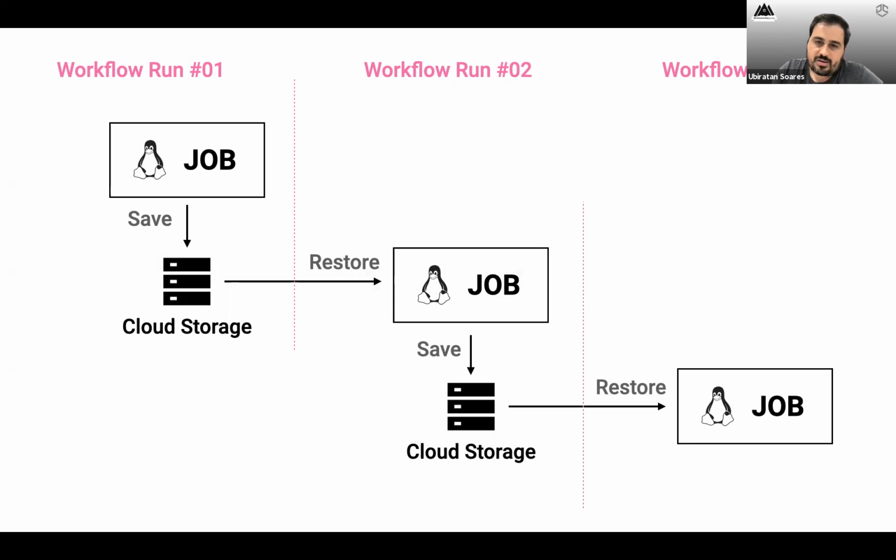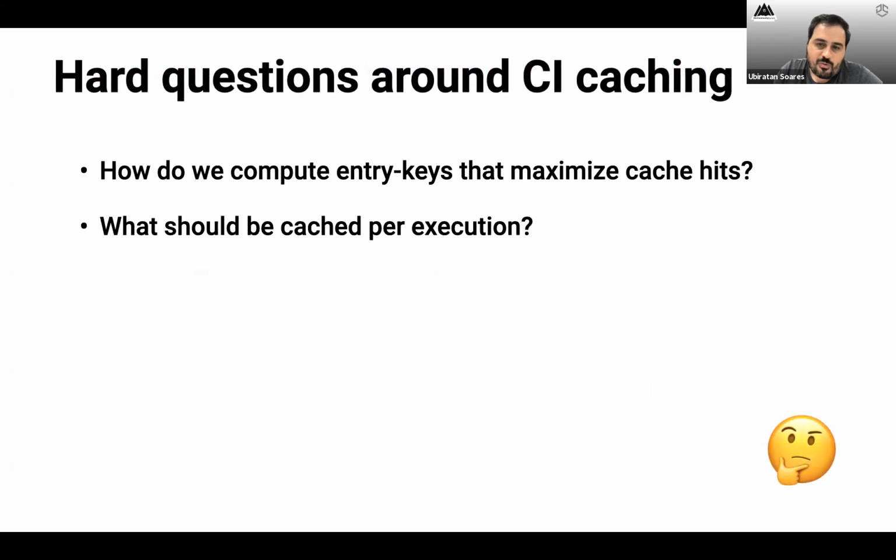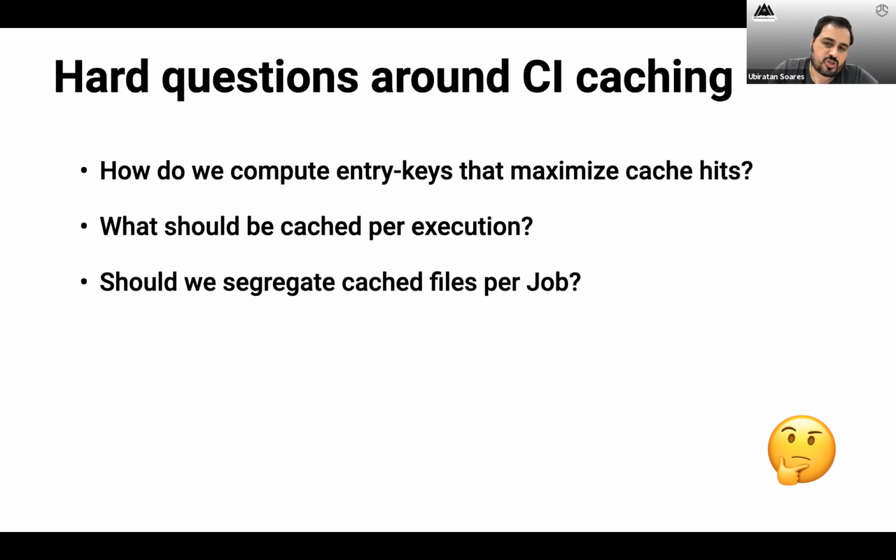There is a lot involved when we don't have shared state between machines. So we have hard questions, like how do we compute cache keys in order to maximize cache hits? What should be cached per execution? Should we segregate these cached files per job or not? And more questions. So it's not trivial.